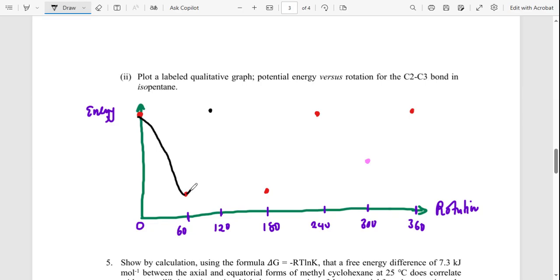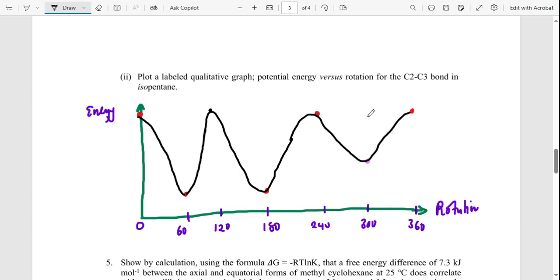So it's going to be like that. It's going to go up, and then it will come down, go up again, and then come like that, and then like that.